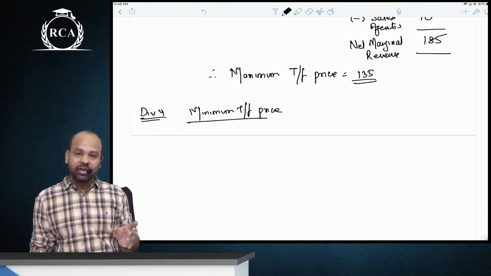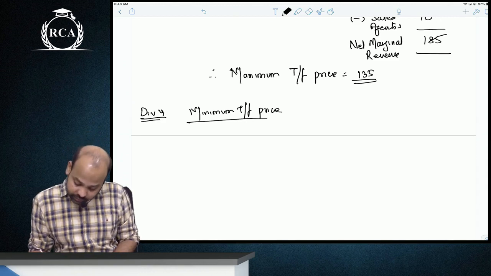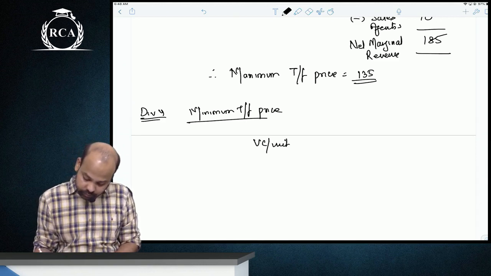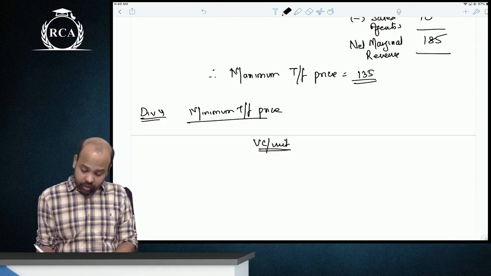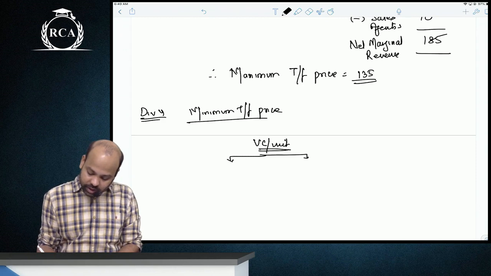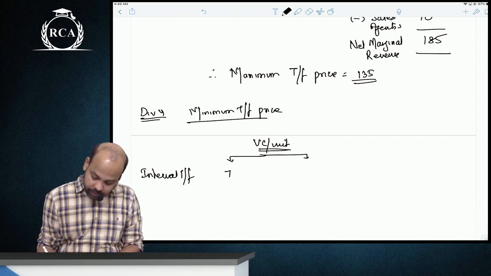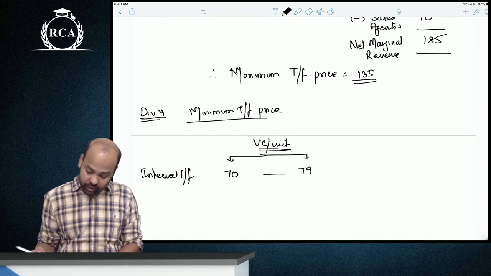We know, guys, that division Y is not procuring at a stated price. There is a range of negotiation. Variable cost per unit, I will write. Remember, guys, internal transfers can be from 70 to 79. That is the range of negotiation.